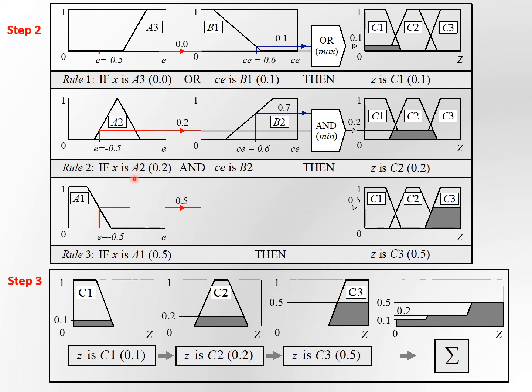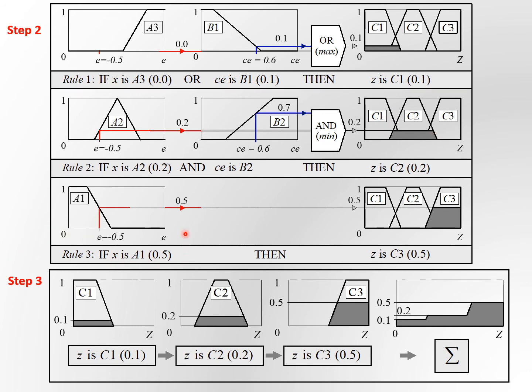For the other rule, if X is A2, triangular, and C is B2, this trapezoidal shape, we get a degree of membership 0.2 and 0.7. With AND, normally we take the minimum, so the minimum of these is 0.2. So it's a 0.2 degree of membership for the output at the C2 membership function. C2 is the trapezoidal membership function.